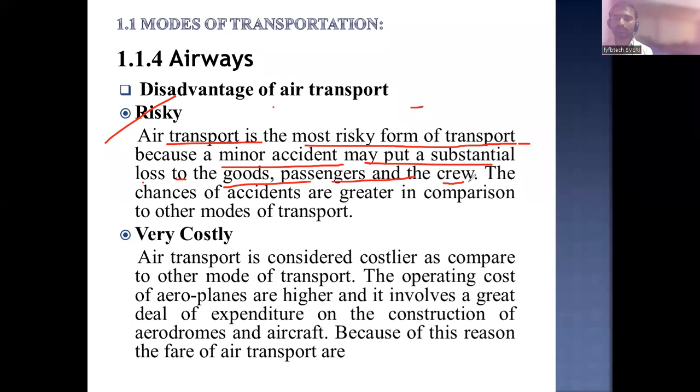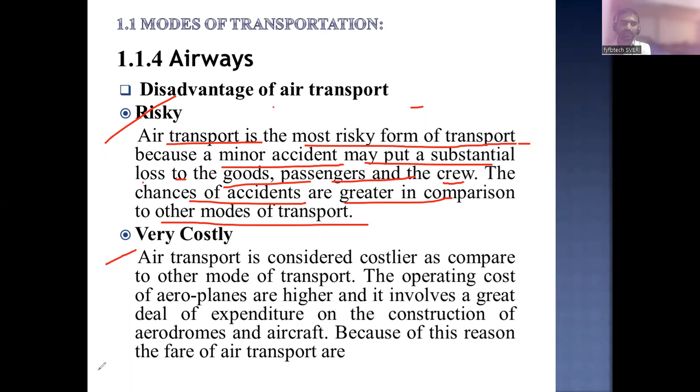You have seen our Chief of Defence Staff recently, Bipin Rawat, who died because of an air crash. Even minor mistakes can lead to human death. That's why it is called a risky job. The chances of accidents are greater in comparison to the other modes of transport.